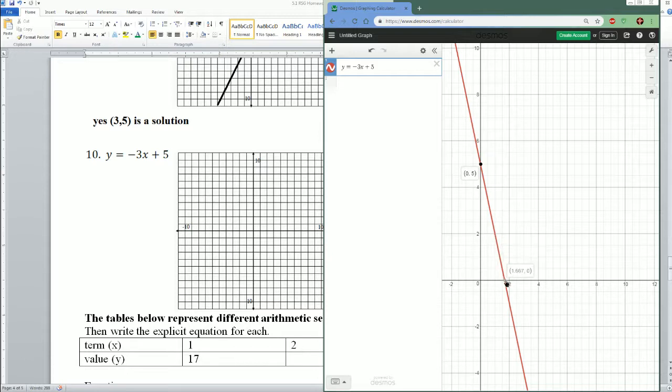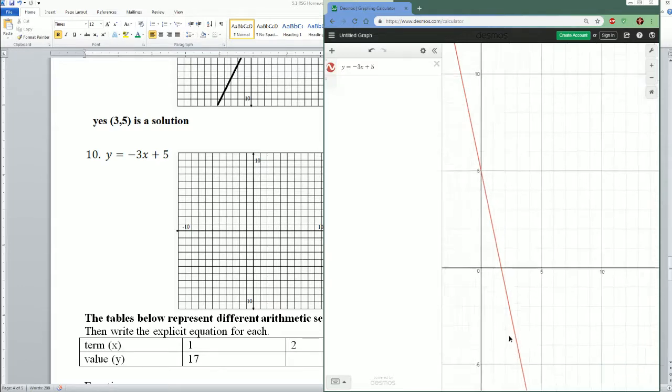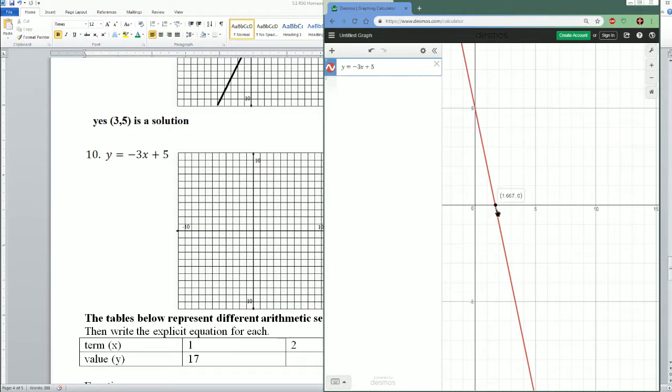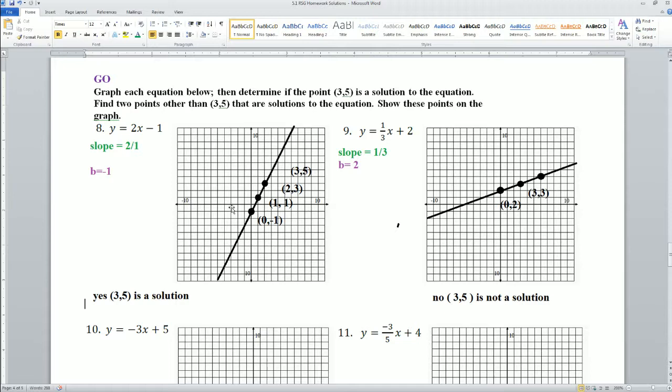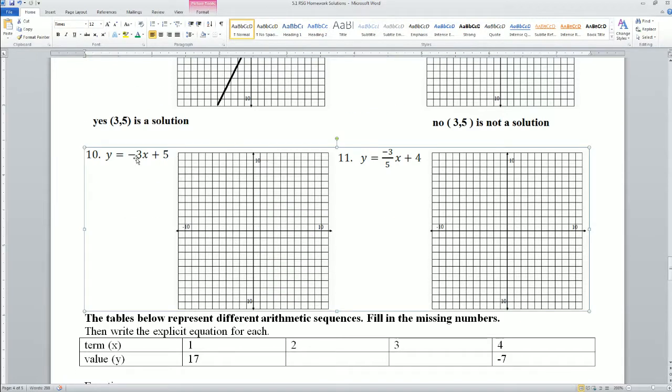Then 2, -1. Let's see where. Oh no, there's no way because it goes down. So for 3, it's probably right here. Yeah, so it's 3, -4. So for this one, 3, 5 is not a solution.